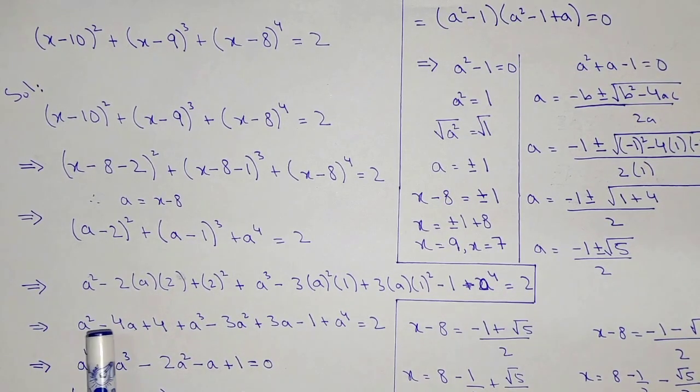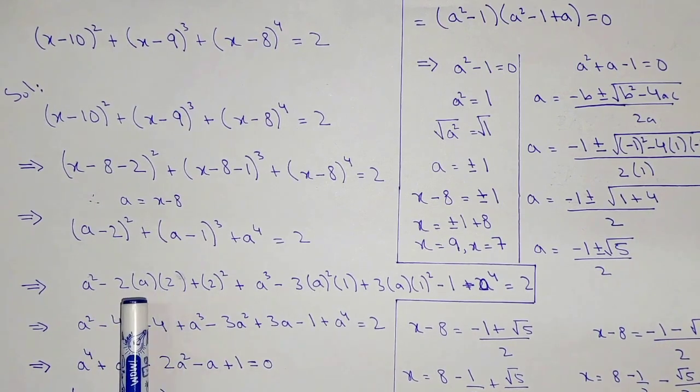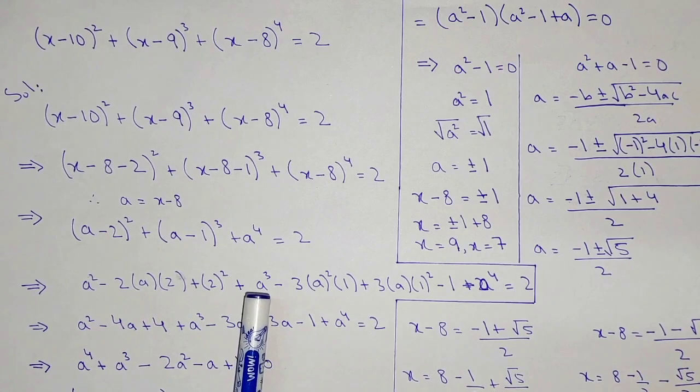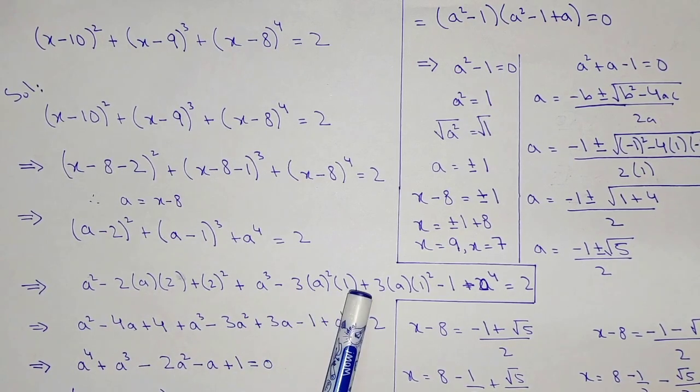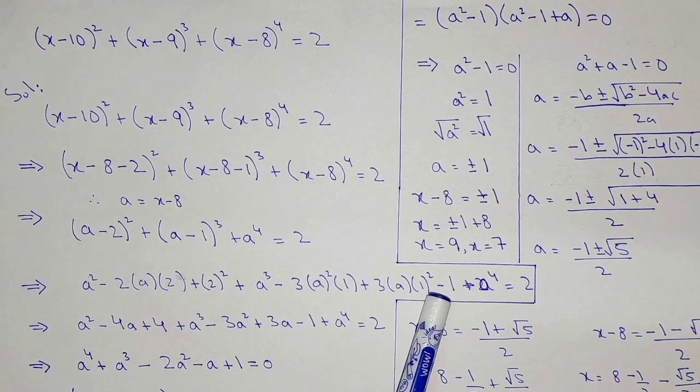So this is a square minus 4a plus 4, plus a power 3 minus 3a square plus 3a minus 1, plus a power 4 equal to 2.